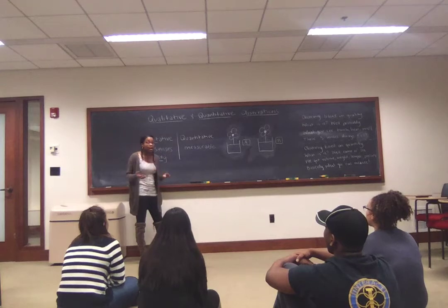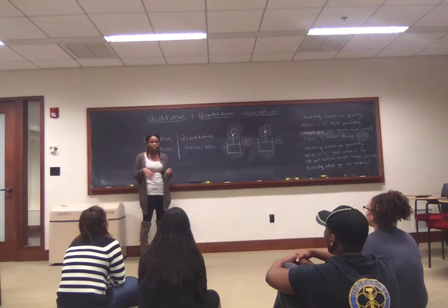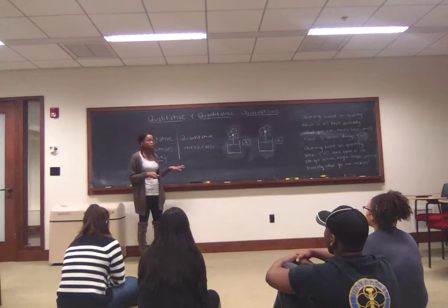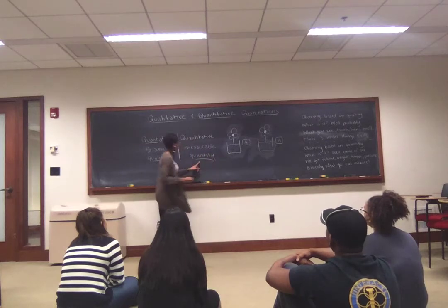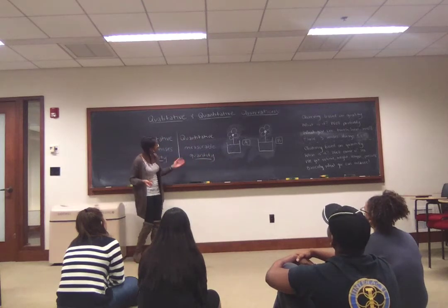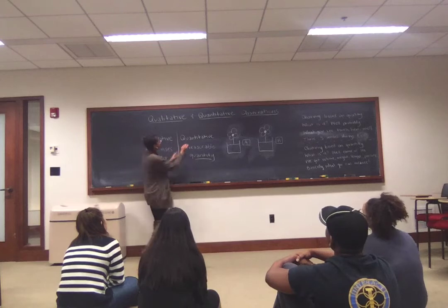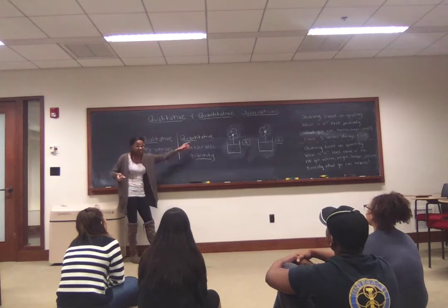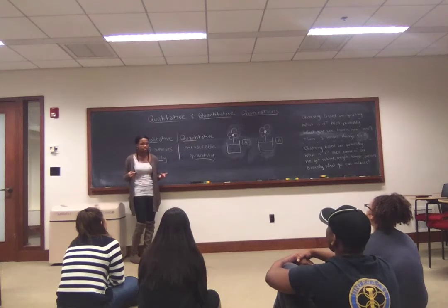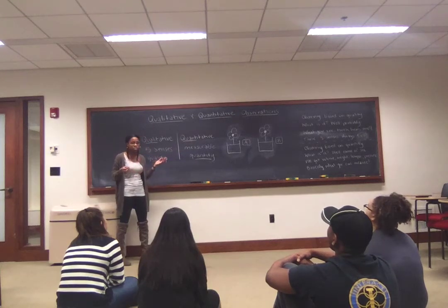You can measure the mass of something by putting the object on a balance and weighing it. All of those different types of observations look at the quantity of something, like a number, right? And as you can see, the word quantity is in the first part of the word quantitative. Quantity, quantitative. Okay, does anybody have any questions about qualitative and quantitative observations?